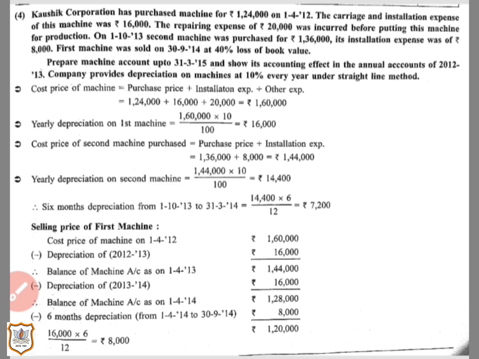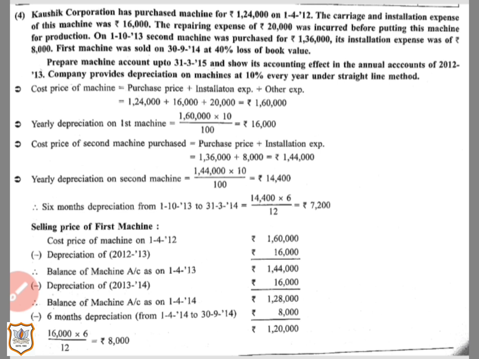In this year, we purchased the second machine on 1st October 2013. That means in this year, we have utilized this machine for 6 months only, that is from 1st October 2013 to 31st March 2014. So that comes to 6 months. So here depreciation will be charged for 6 months only.